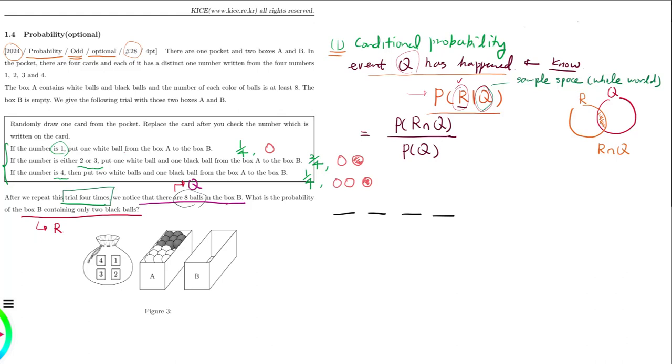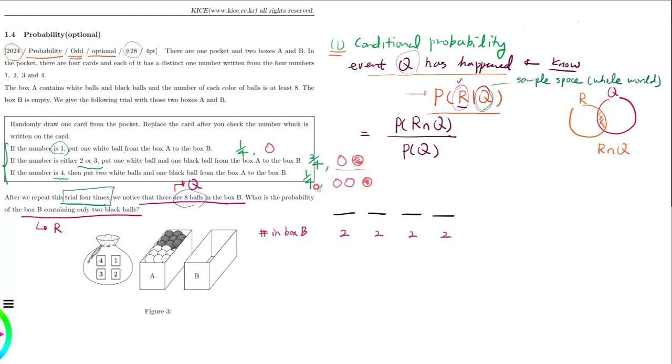The easiest one is that the number of balls in box B is 2, 2, 2, 2 for all the trials here. We have 8 balls.